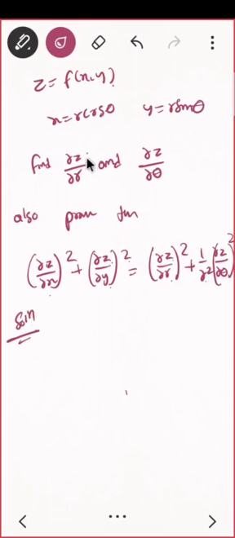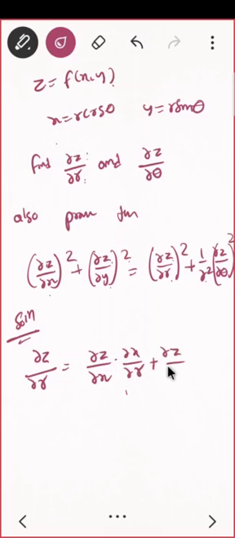First thing, suppose you want to find dou z by dou r. How will you find it? Z is in terms of x and y and x is in terms of r cos theta. So you can easily use chain rule. Dou z by dou r will be dou z by dou x into dou x by dou r, plus same thing dou z by dou y into dou y upon dou r.